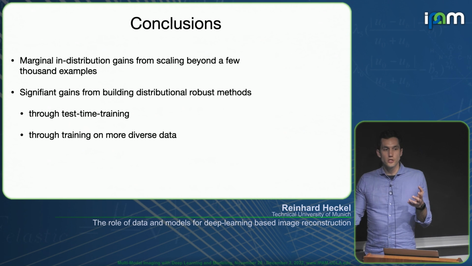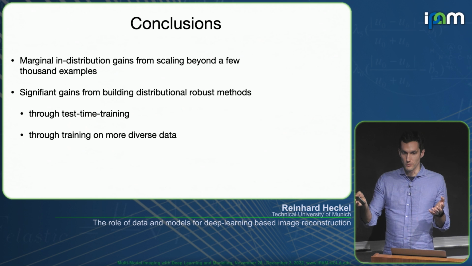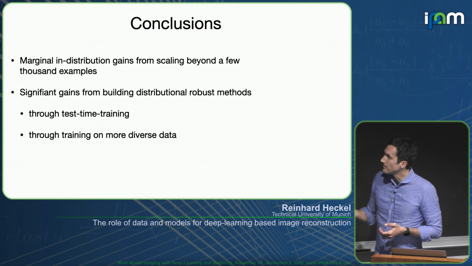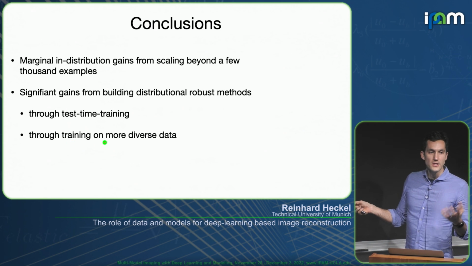Say you have this distribution shift problem of brains and knees. If you train a method on both brains and knees, it's going to perform really well on both, you don't have to do test time training, and you're going to be super fast. That's what you really want to do, but it's unclear how to build such a dataset.